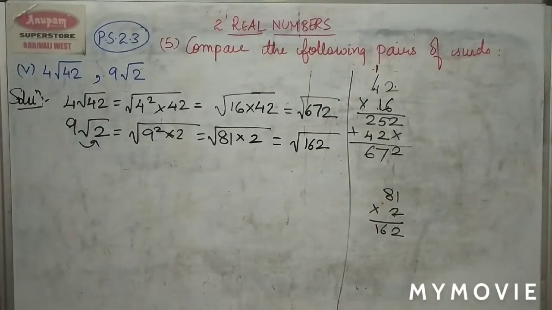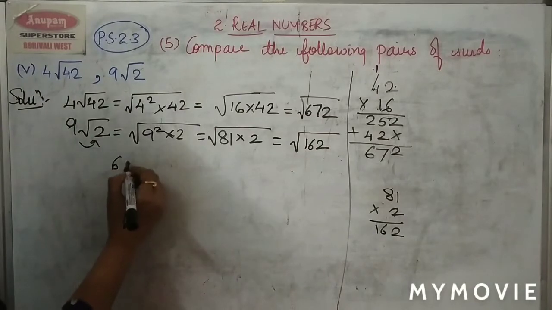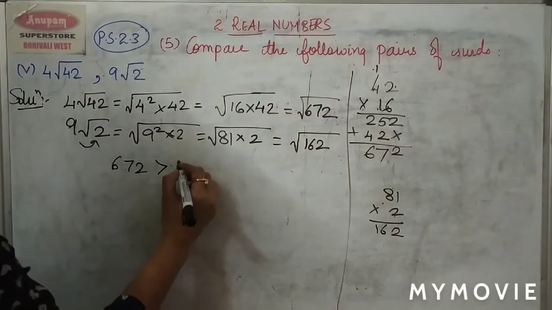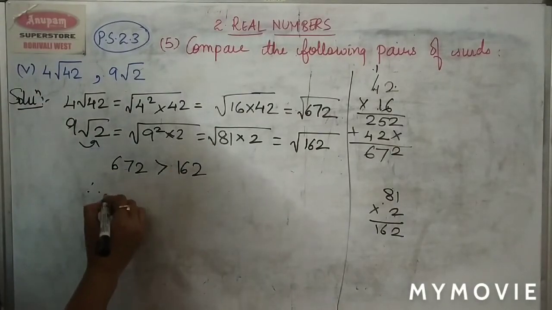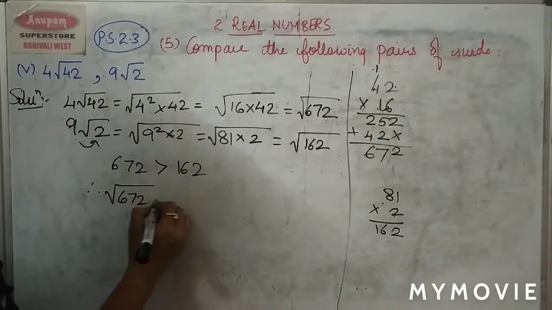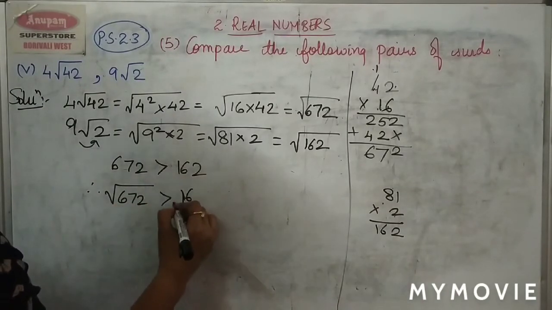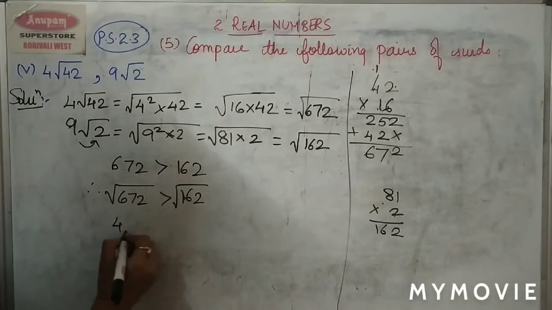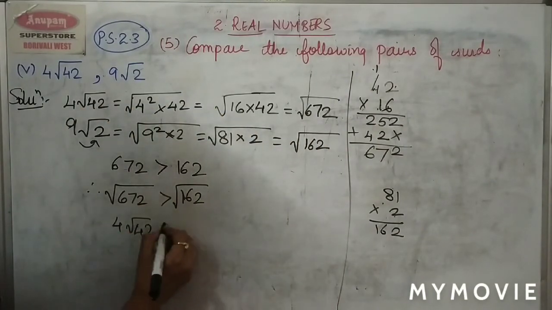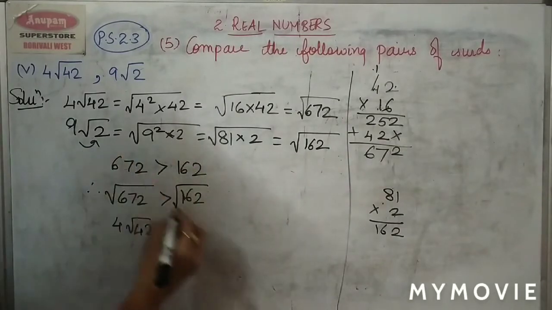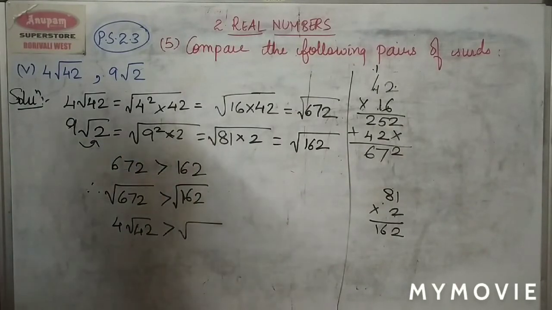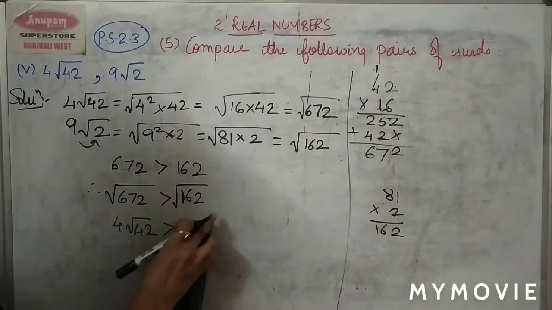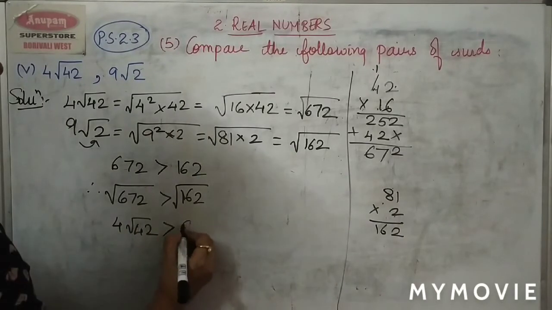When you look here, 672 is greater than 162. Therefore, we'll write down square root of 672 is greater than square root of 162. But square root of 672 is 4 root 42 and 162 can be written as 9 root 2.